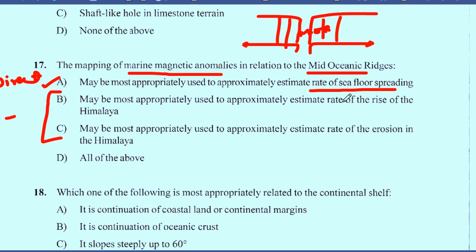Suppose the Indian Ocean is right now opening, and due to that the Indian plate is colliding with the Asian plate, and mountains are getting higher and higher, and due to erosion also, rising is there in the Himalaya. Some rate we can calculate from that mid-ocean, not exactly, but some. And there is a particular limit up to which a mountain gets higher.